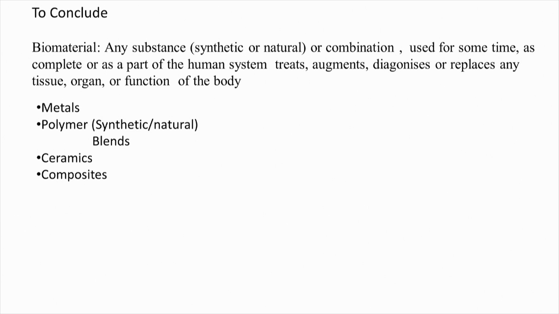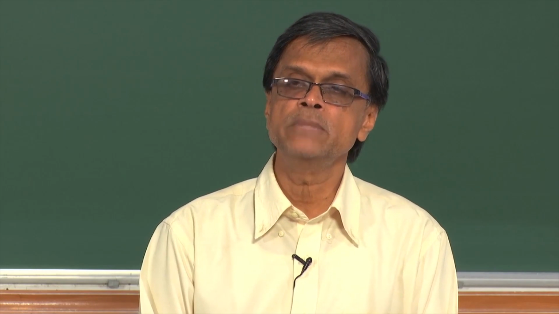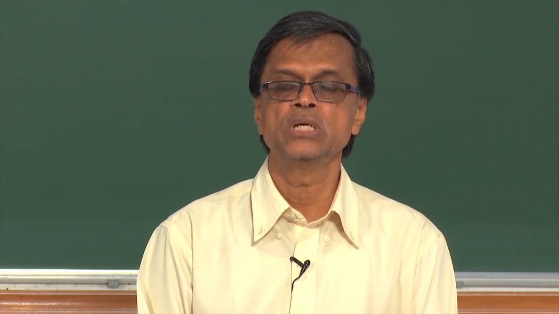Then we looked at blends, that is polymer combinations. Then we looked at inorganic materials, ceramics, calcium phosphate, calcium sulphate, alumina, then the silicates, glass, that is silica glass. Then we looked at composites, combinations such as carbon reinforced polymers, and metal and glass impregnated polymers and so on. We looked at a large number of these.